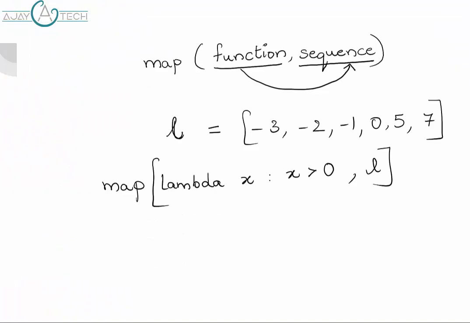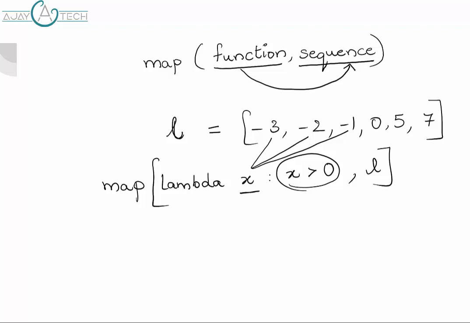So here we have a map function that includes a lambda function and then an iterable, that is a list. The lambda function takes the argument x, which indicates each element in the list, and the expression here checks if each element is either greater or less than 0.